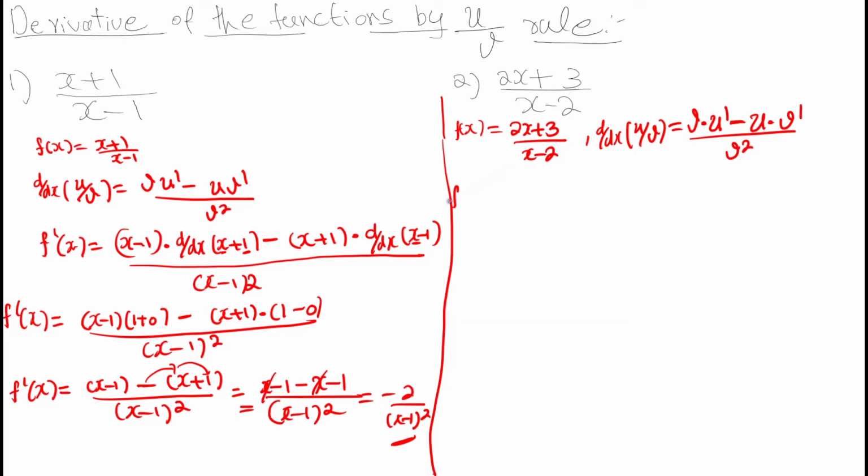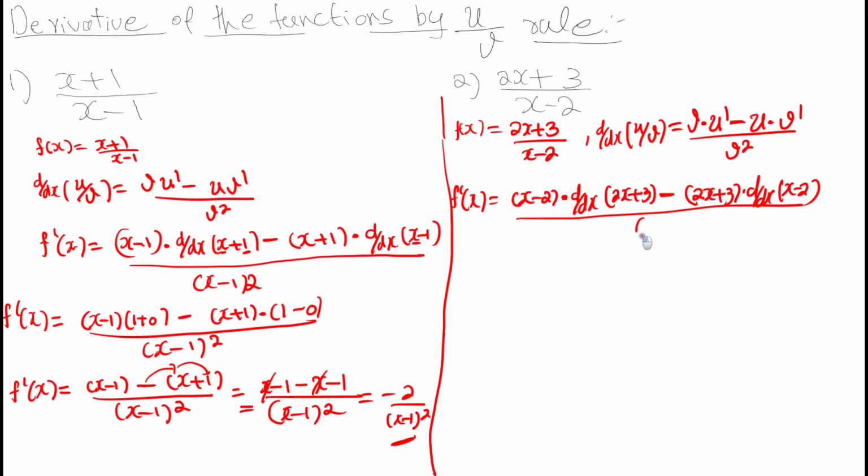Apply the formula. f dash of x is equal to the denominator, that is x minus 2, into the derivative of the numerator, d by dx of 2x plus 3, minus the numerator 2x plus 3 into d by dx of the denominator, divided by the denominator whole square, that is x minus 2 whole square.